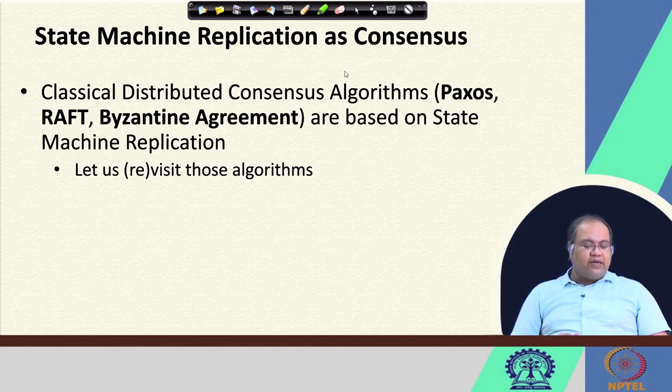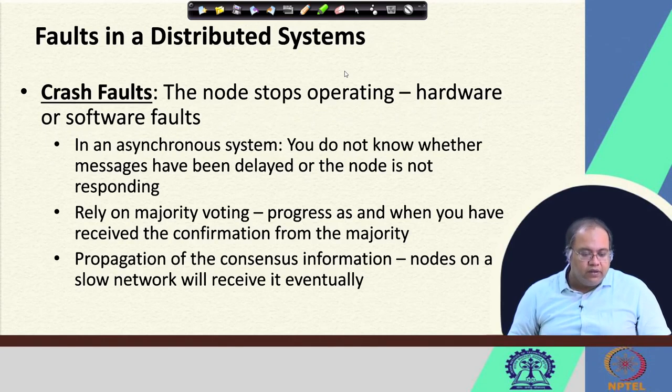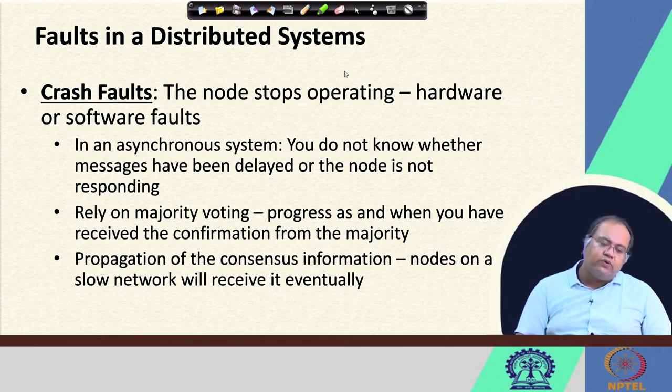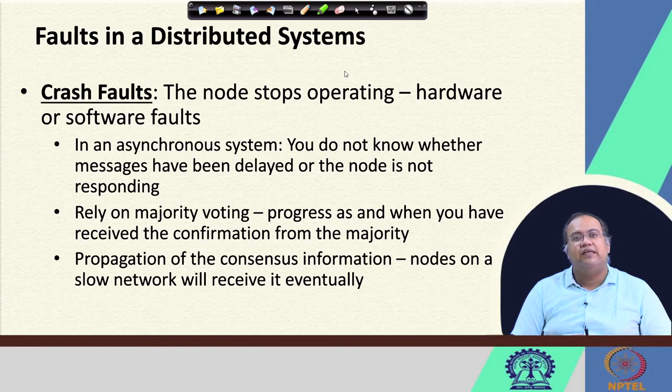Now, just to start with, let us revisit those algorithms for the classical distributed system, and then we will see how we can apply those consensus algorithms in the context of blockchain consensus. Before going to these algorithms for blockchain consensus, let us revisit the different types of faults that can happen in a distributed system.